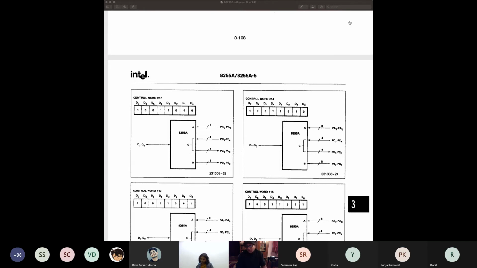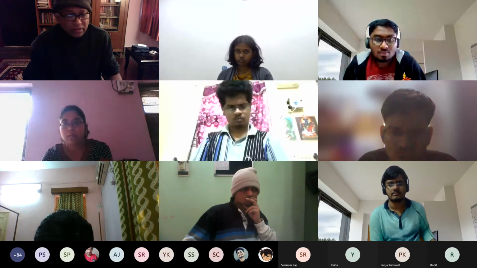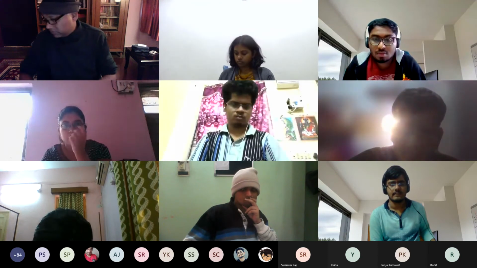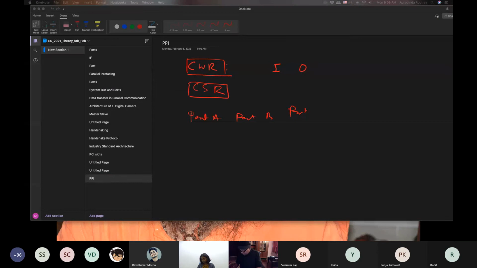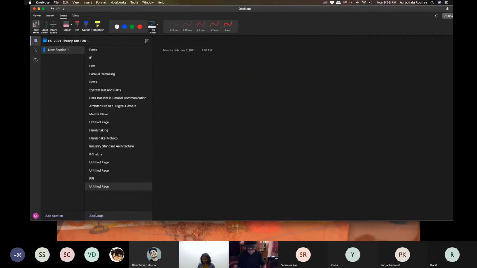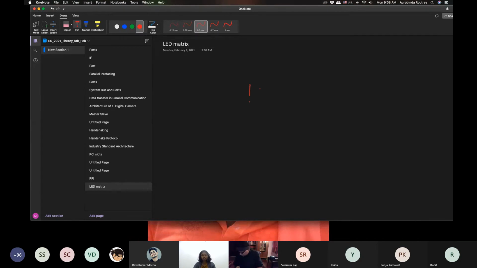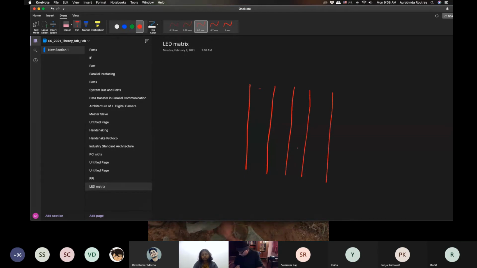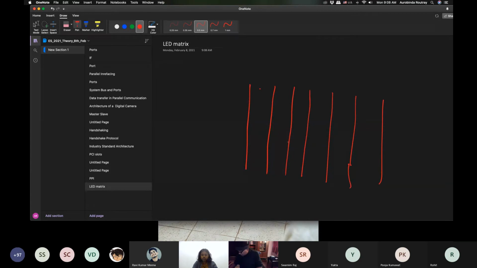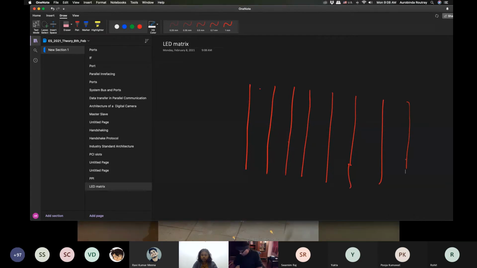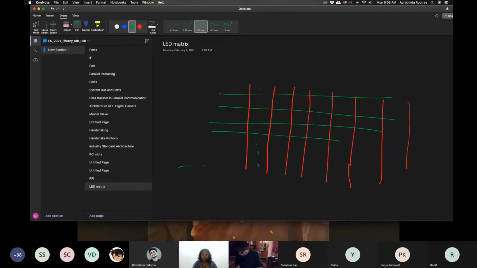So let me just share the note so that we can understand what I mean. This LED matrix: there will be 8 columns, then 1, 2, 3, 4 like this up to 10.